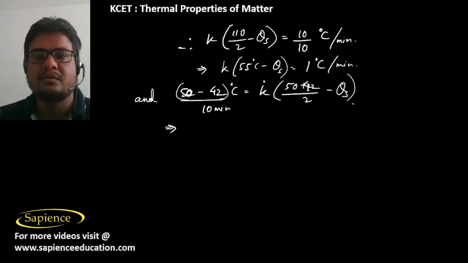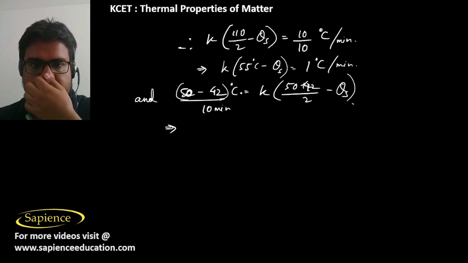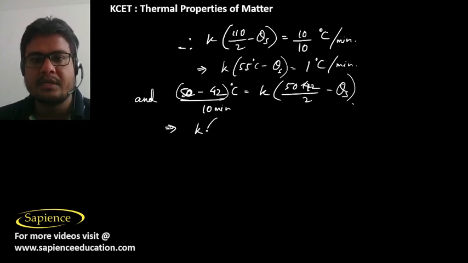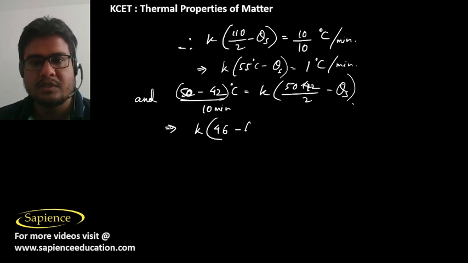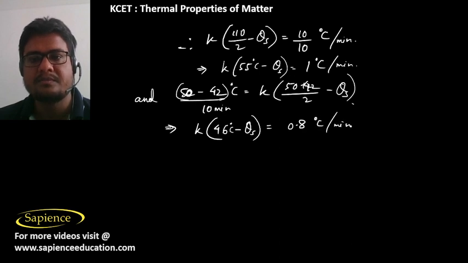So K into 92 by 2, that is 46 degrees Celsius minus theta s, will be equal to 8 by 10, that is 0.8 degrees Celsius per minute.